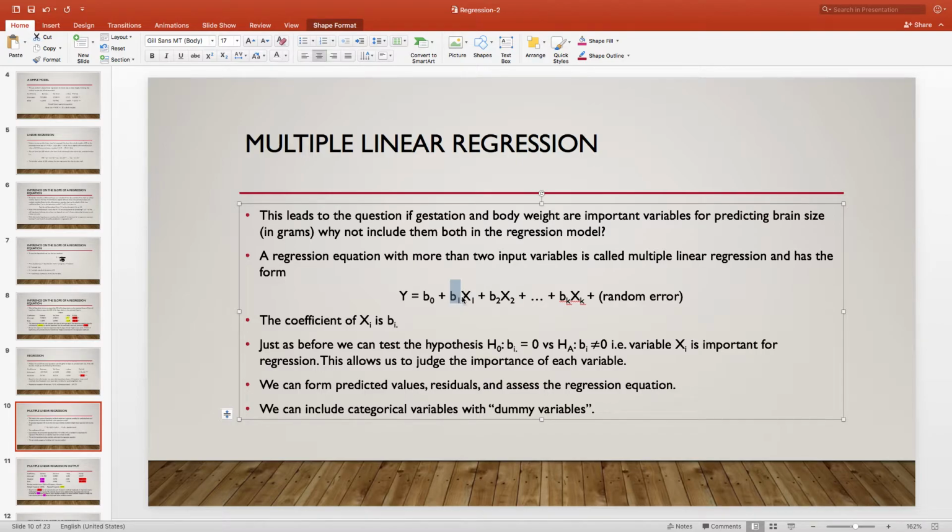And just as before, we can test the hypothesis that each of these individual variables is important in regression, i.e. that their coefficient is not 0. And that allows us to judge the importance of each variable for regression. And we can still form predictive values, residuals, and address the regression assumptions, as well as the equation.